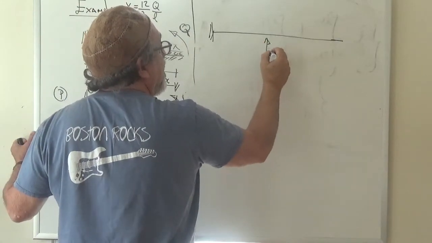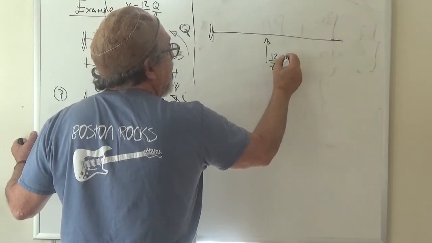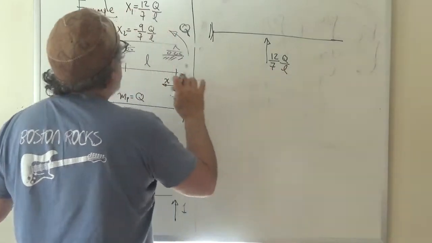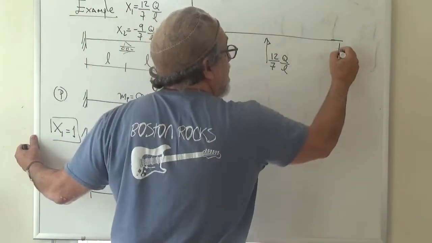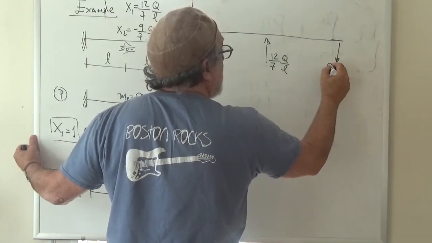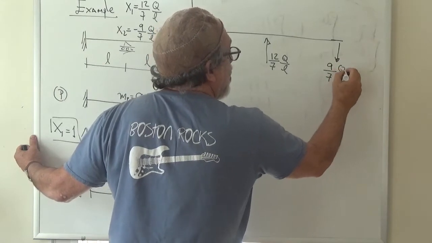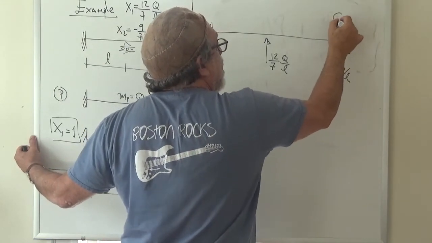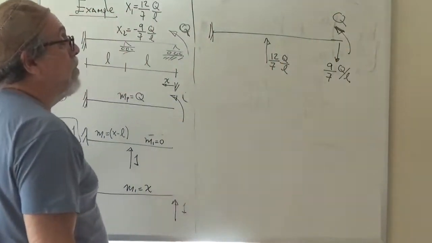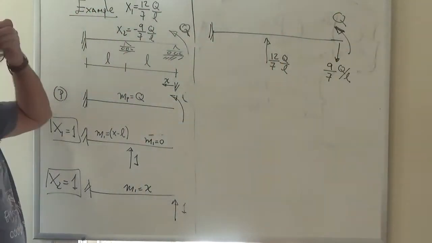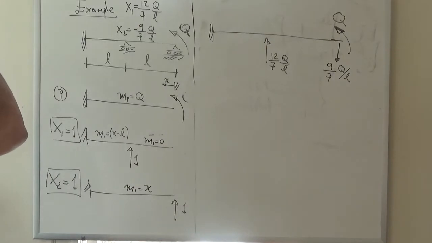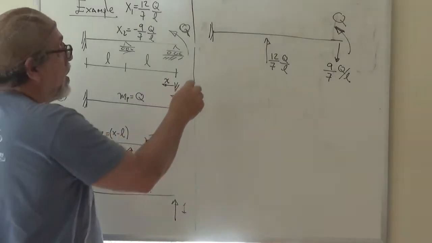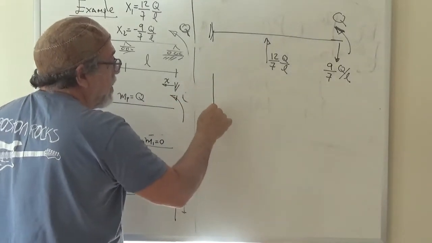Here, it is 12/7 of Q over L, and x2 is here, it is 9/7 of Q over L, and there was a moment here, Q. That's our original problem already solved, in which the redundants have become known values, right? Okay, now we want to draw our shear and moment diagrams.